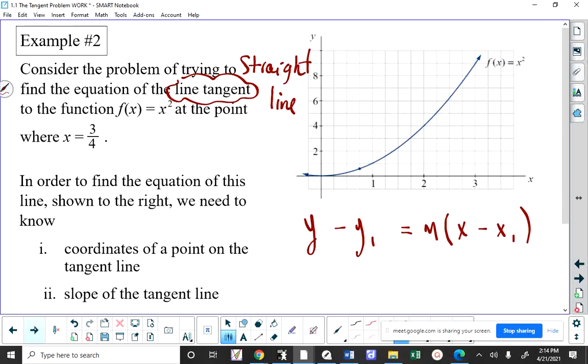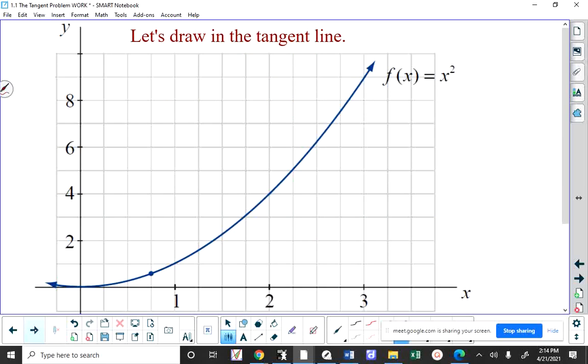So I guess what we have to do first is draw the tangent line, just so we have an idea of what it is we're looking at. So take your ruler and draw a tangent line. You don't have to actually draw this if you don't want to, because we're not going to find the slope using it. We're going to find it in a different way. But I think if you have it drawn on paper, it'll help you visualize things.